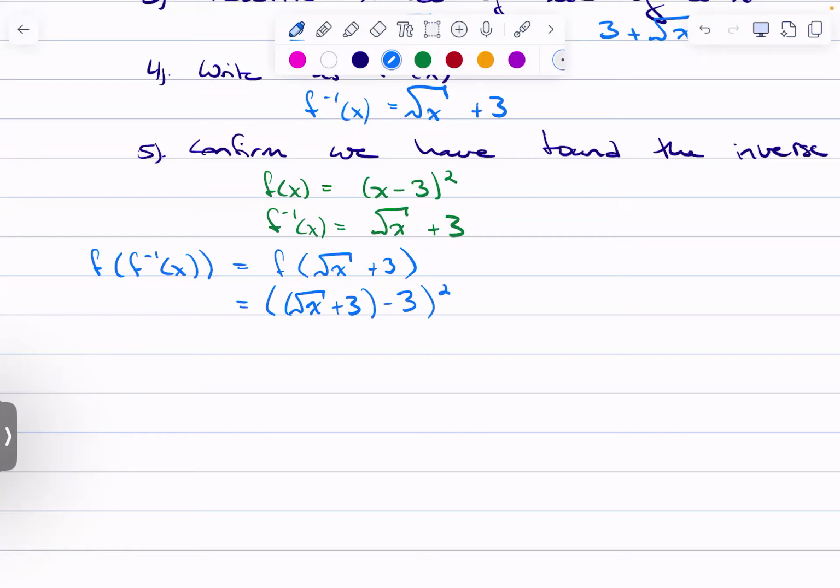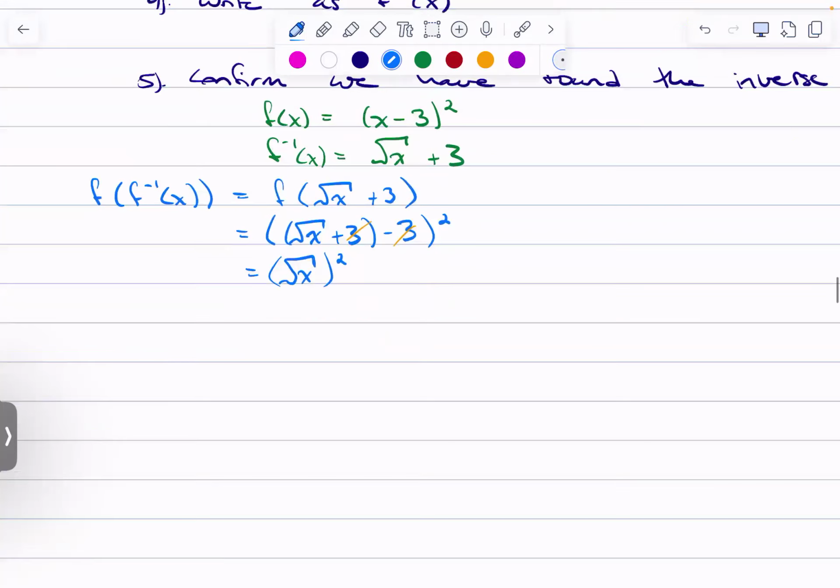If I simplify this, plus 3 minus 3, that'll go to 0. Then I'm left with the root of x squared, but the root of x squared is just x. Phew. You can see how satisfying that is. So then you can relax.